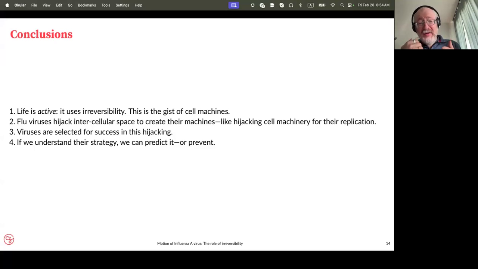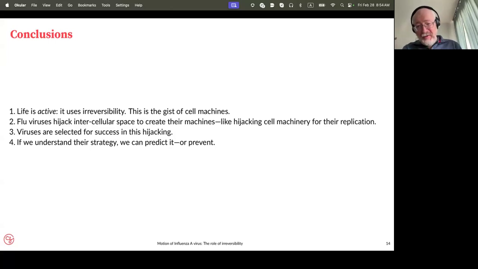Now we understood that flu viruses do what viruses love to do. Instead of using their own machines, they basically steal somebody else's cell machines. We know that for virus replication, they steal your cell machines and use your cell for replication.